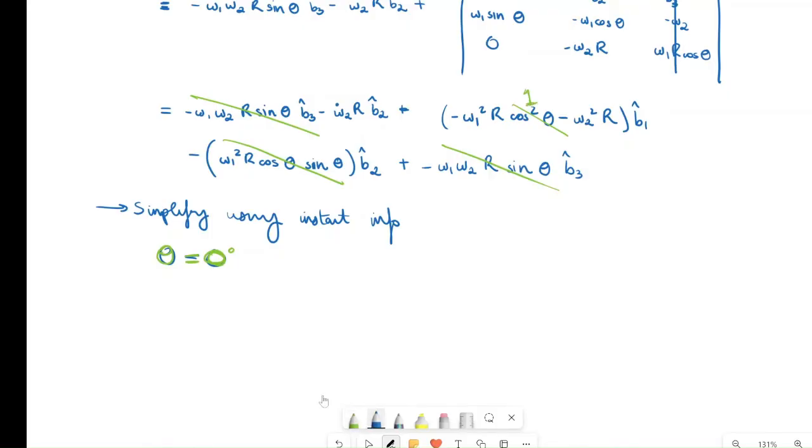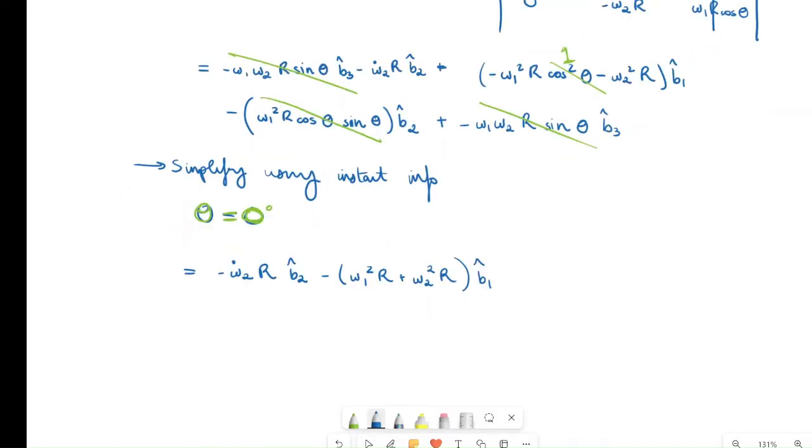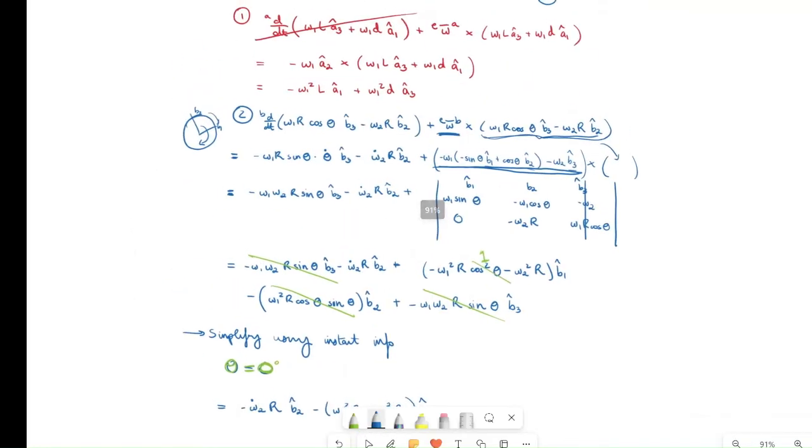Now that expression becomes just negative omega 2 dot r b2 hat minus omega 1 squared r minus omega 2 squared r b1 hat. And that's actually it. That's pretty nice. So that's our expression for the second part and the first part.